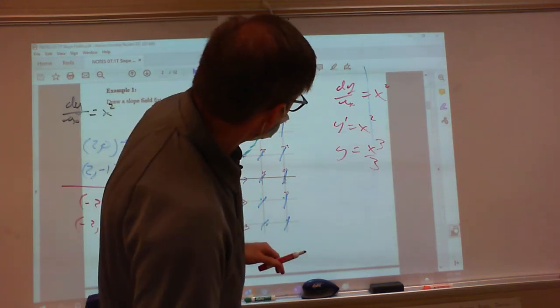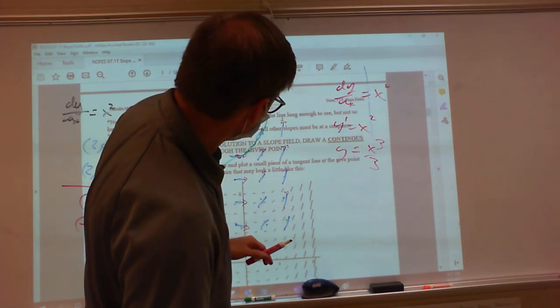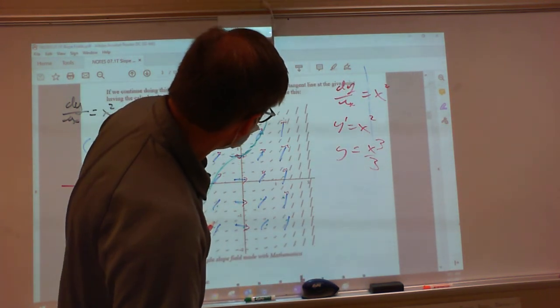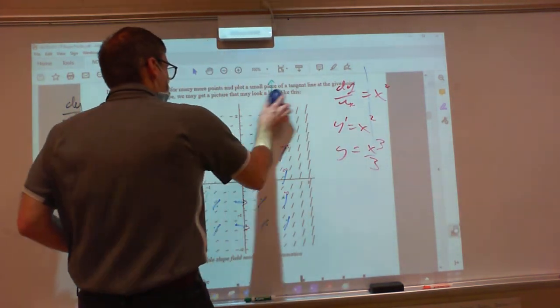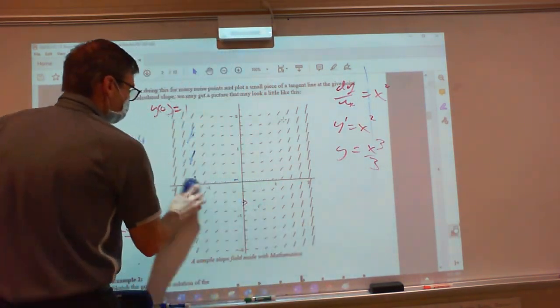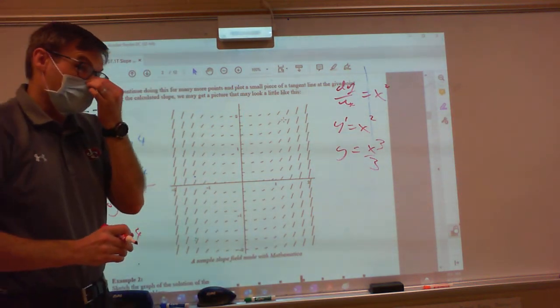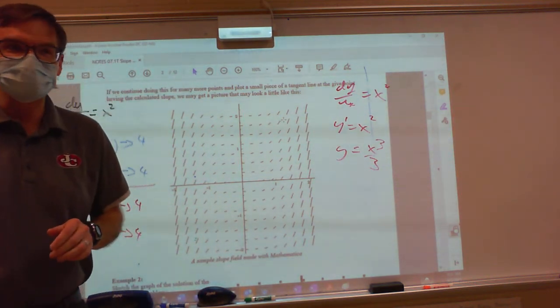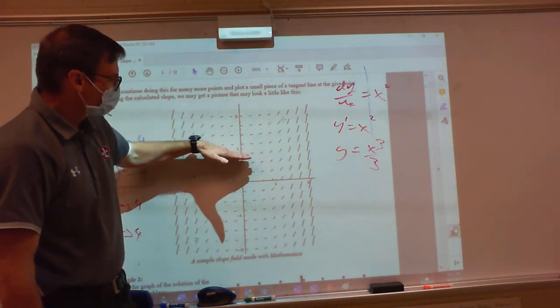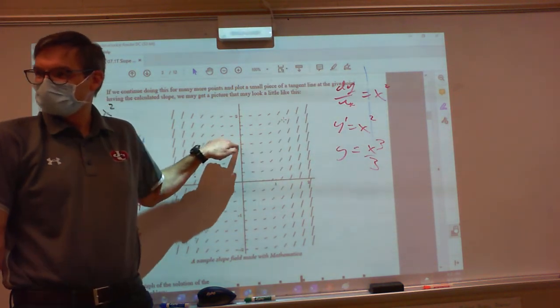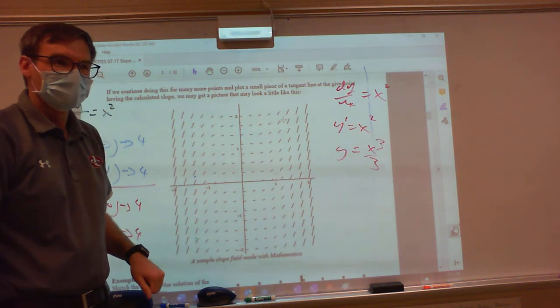So now, let's look at the second example. Actually, to get a really good slope field, just plotting those few points doesn't help. Can you see here, when you have more slopes, it makes it easier to draw the picture?